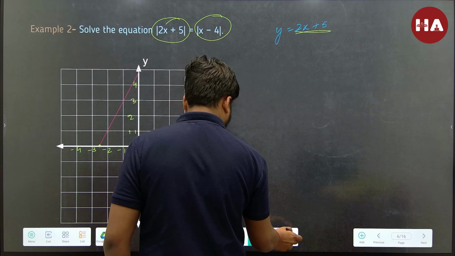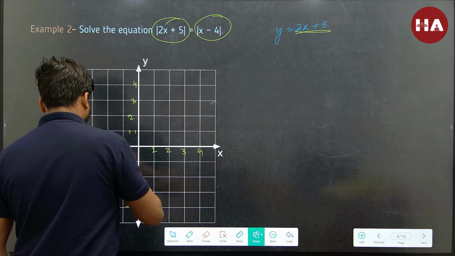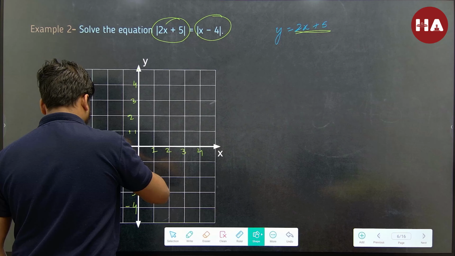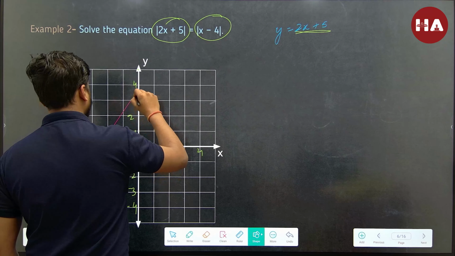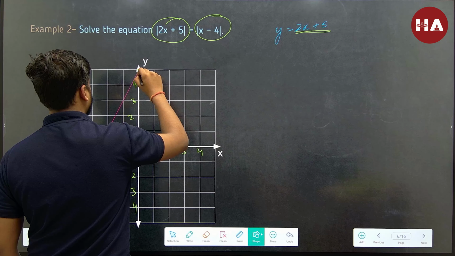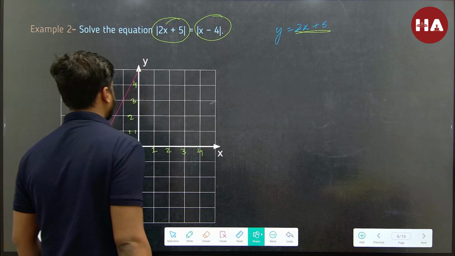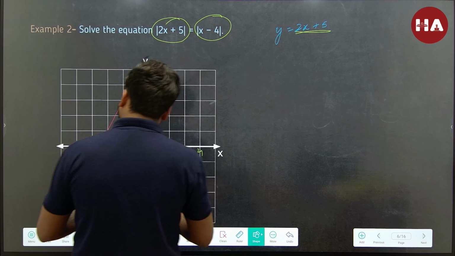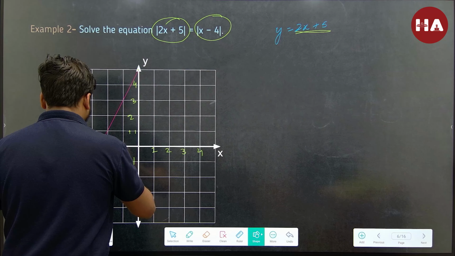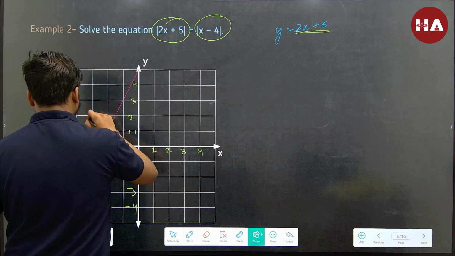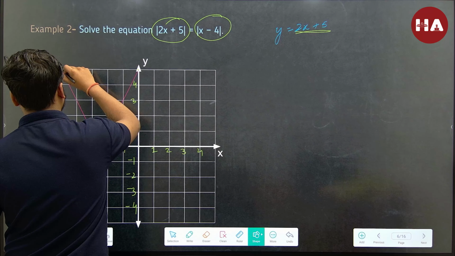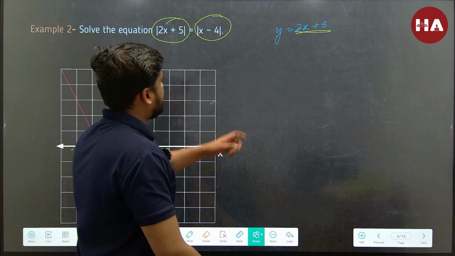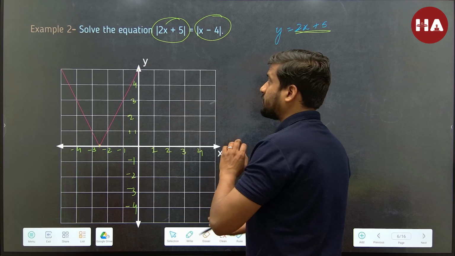Now, if I do the same thing for the negative part, I'll get this. That is the graph of y equals |2x + 5|.